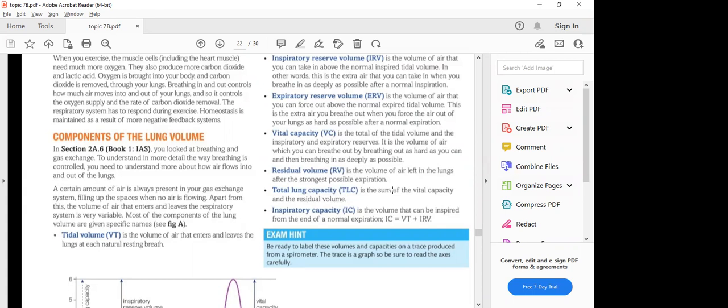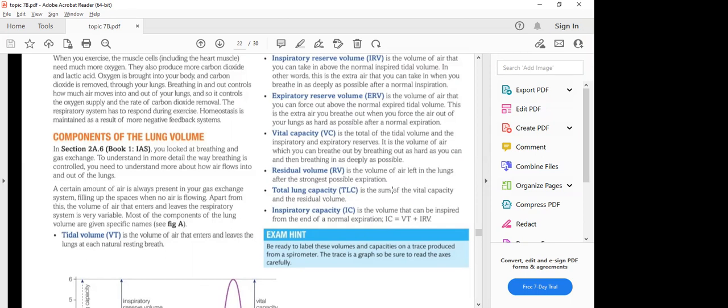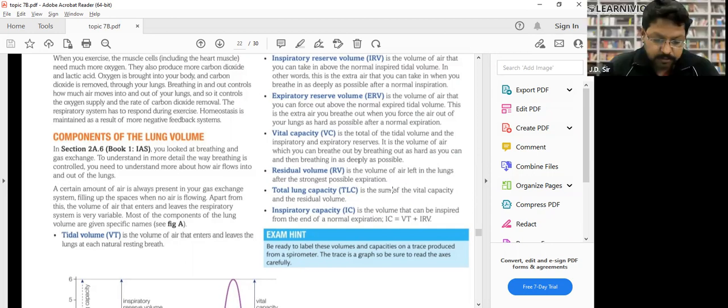Inspiratory capacity is the volume that can be inspired from the end of normal expiration. That is tidal volume plus IRV, which means 500 ml plus 2500 to 3000 ml.